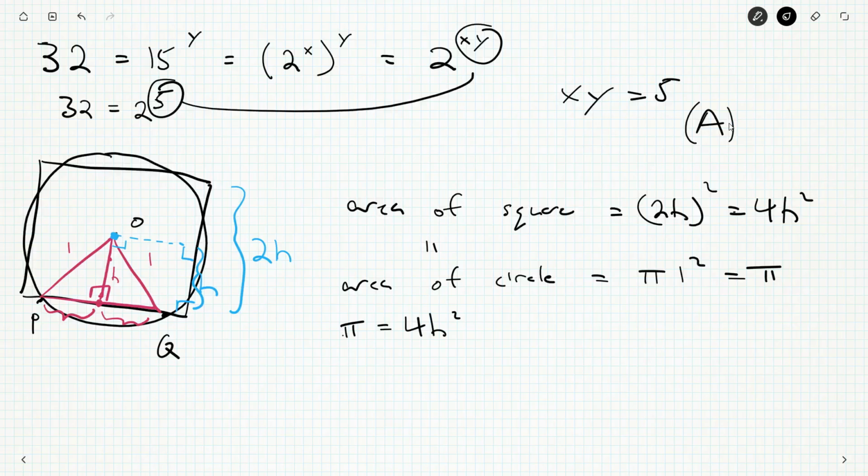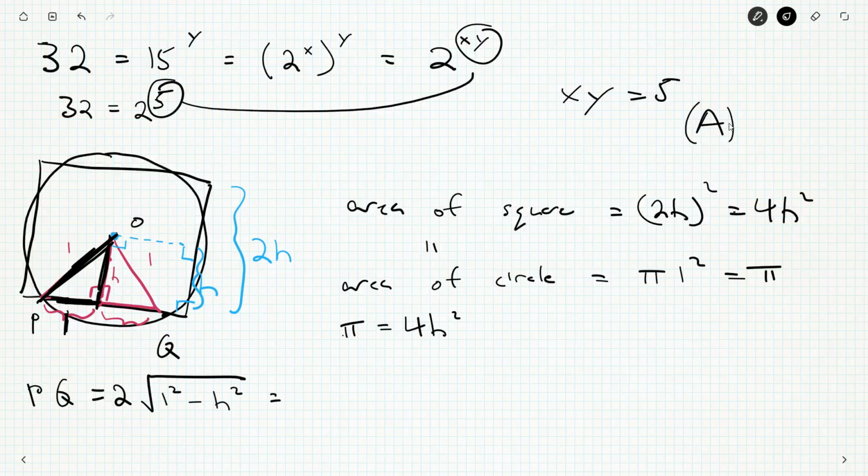Now, before I rearrange and solve for h, let's see, how am I about to use it? Well, I need the other leg of my right angle triangle here. So PQ is twice this length, and that length is the square root of 1 squared, the hypotenuse, minus the altitude squared.